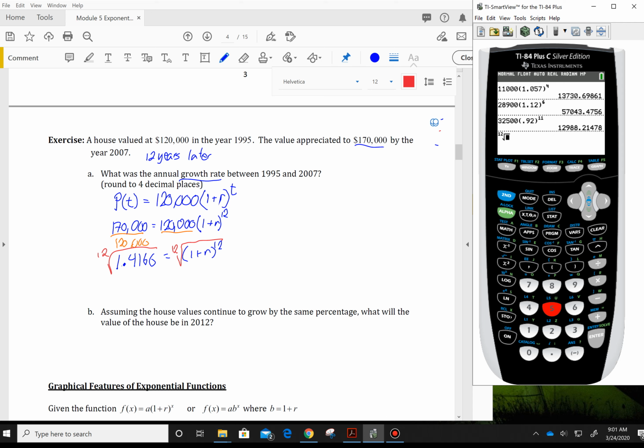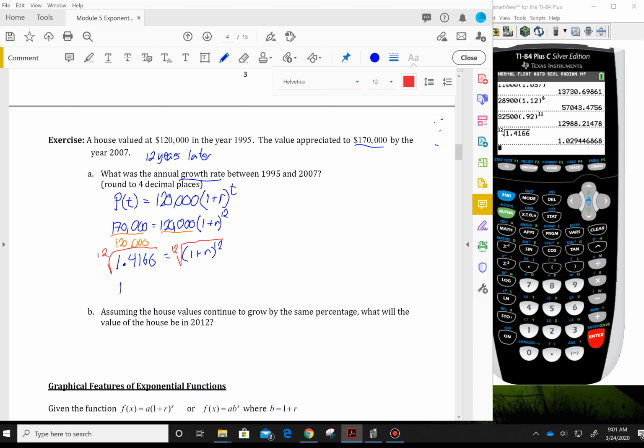And so my calculator interprets that as the 12th root of 1.4166, which I get, and I'm going to write this again to 4 decimal places, 1.0295. This is what I get for 1 plus r, the growth multiplier.